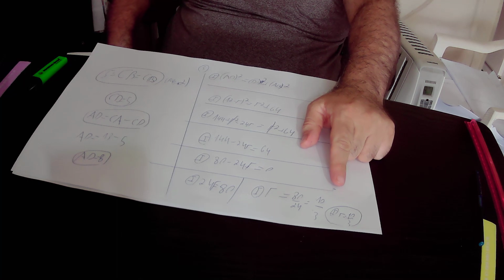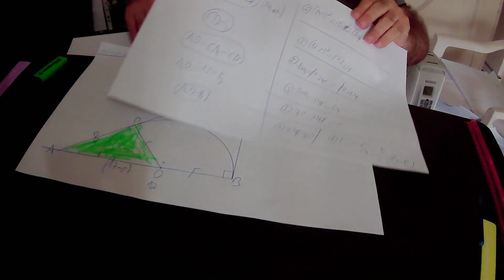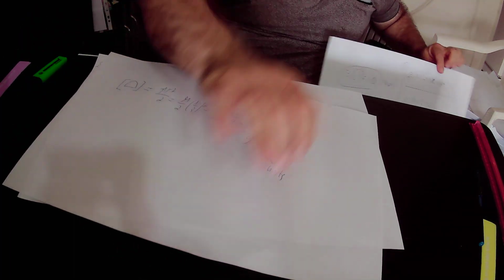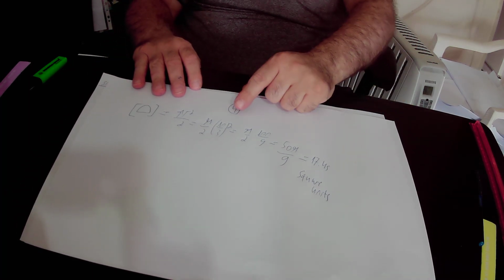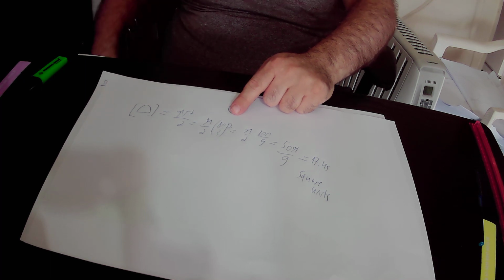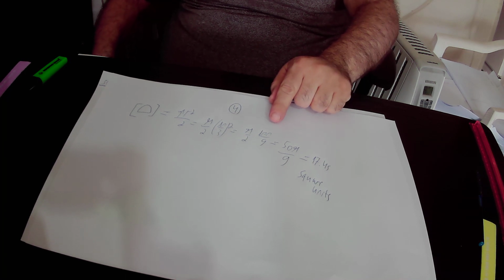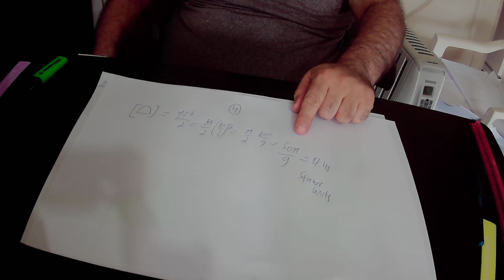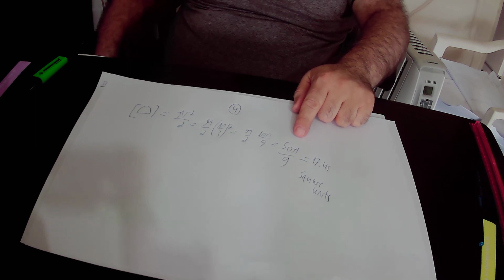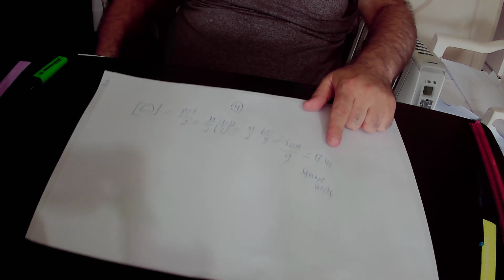So in conclusion, we found that the radius of the semicircle equals 10 over 3, and therefore the area of the semicircle equals pi R square over 2, or pi over 2 times (10 over 3) square. 10 over 3 square is 100 over 9, and 100 over 2 is 50. So in conclusion, we found that the area of the semicircle equals 50 pi over 9 square units, or in terms of numbers it equals 17.45 square units.